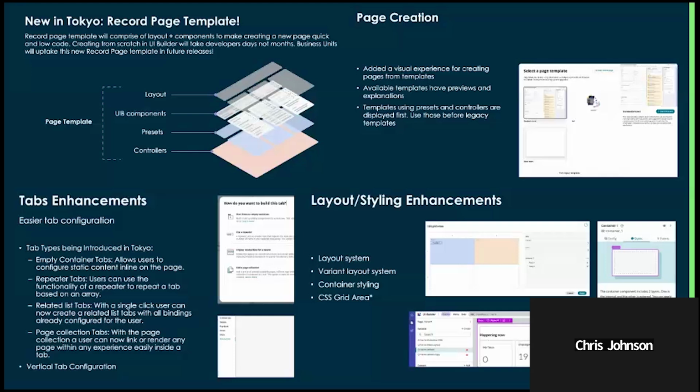Now the presets are the things that connect the controller to the components. You can think of them as automatic configuration of a component. For example, on the record page, there's a heading component at the top of the page, rendering the primary display value for the record. In a lot of cases, that's the short description.